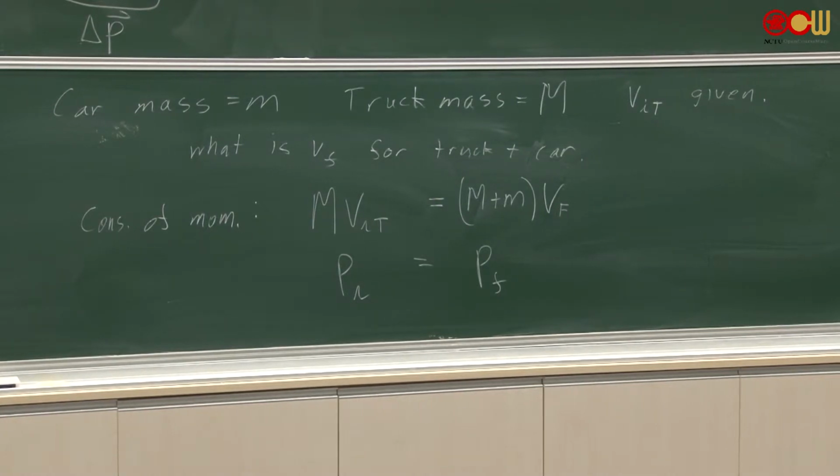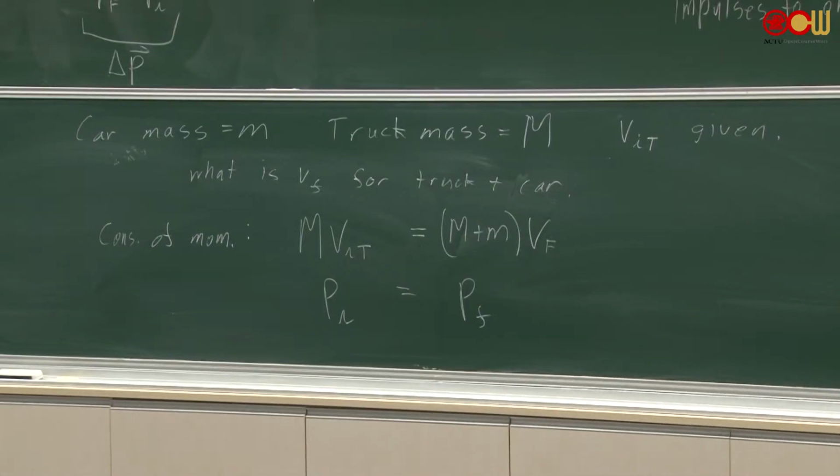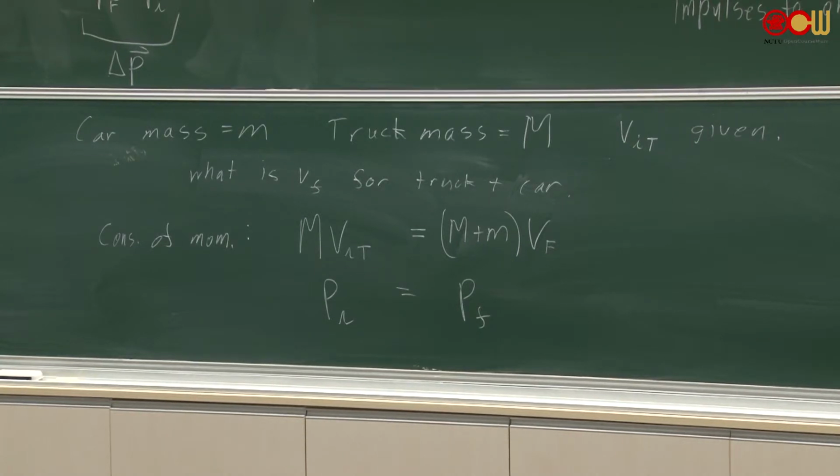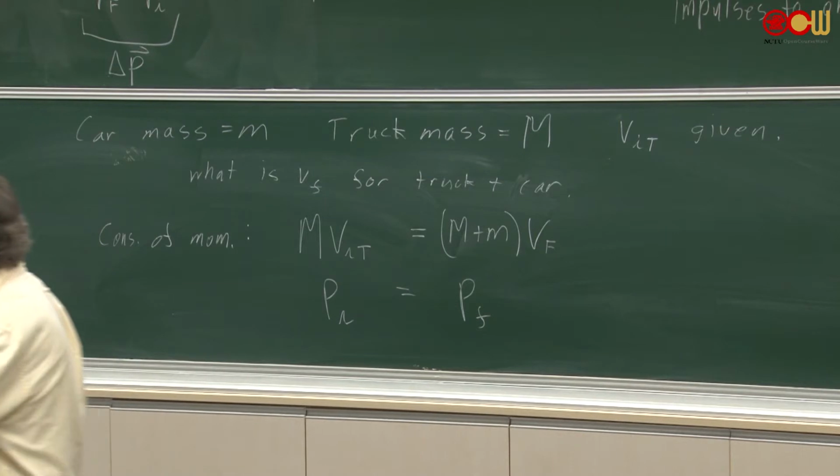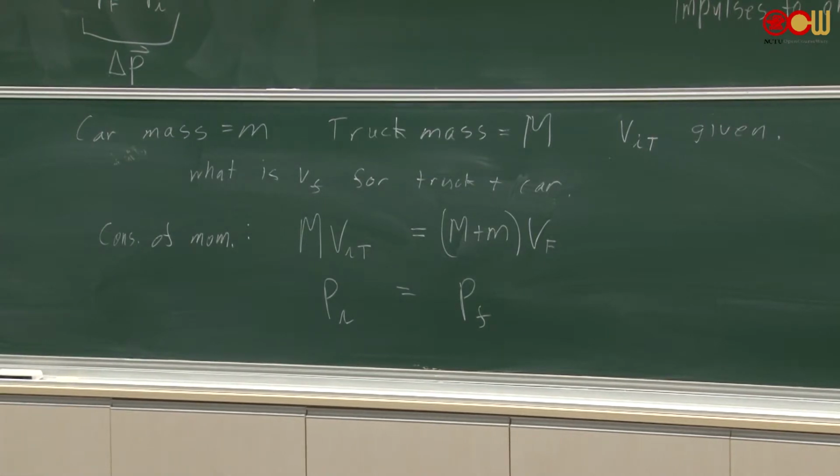What's the impulse delivered to the car? Think about the impulse momentum theorem. Right? So the impulse delivered to the car is given by the change in momentum of the car. What was its initial momentum? 0.